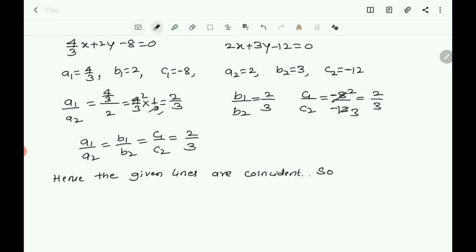So the given pair of linear equations has infinitely many solutions.